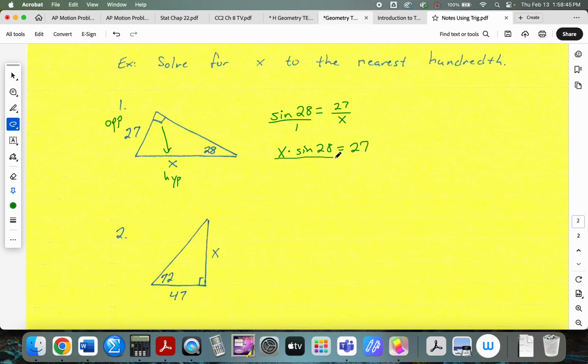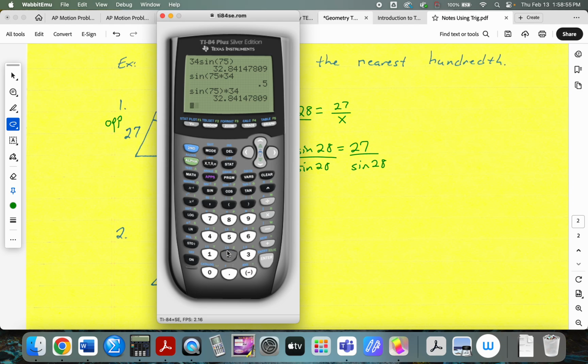Exactly right. Perfect. Divide by the sine of 28. So it's 27 divided by the sine of 28, which is 57.51.